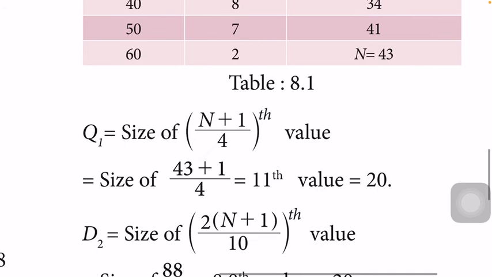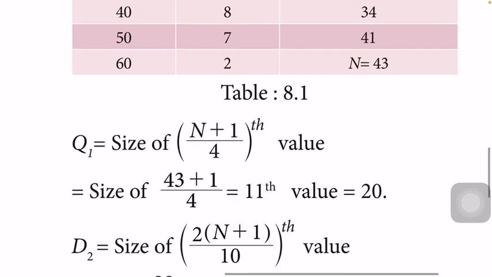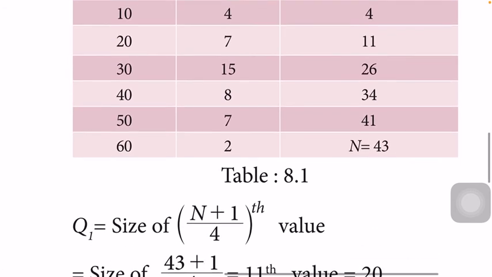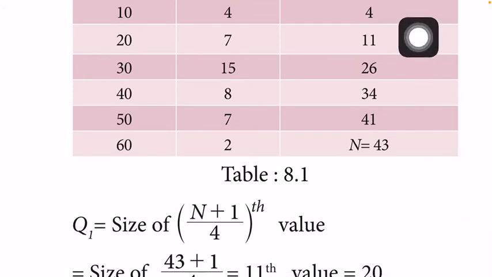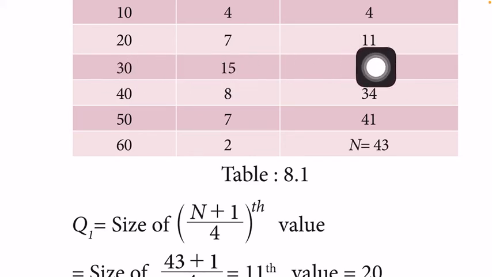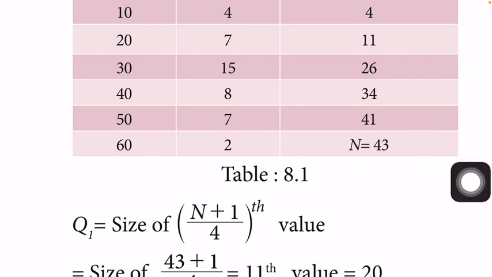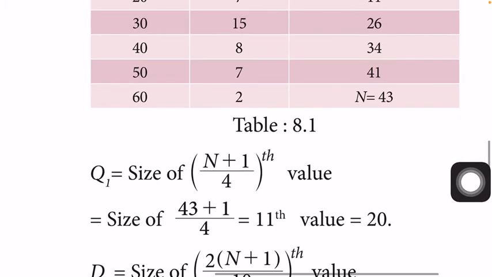So, size of 11th value. You have to check the 11th value in the cumulative frequency. So, it is 11, and 11 corresponds to 20. Size of 11 is 20. So, Q1 is equal to 20.